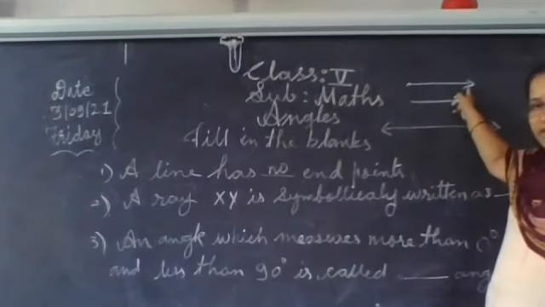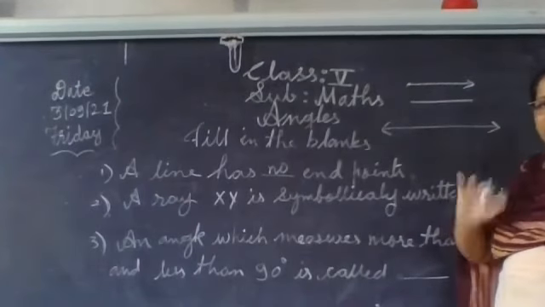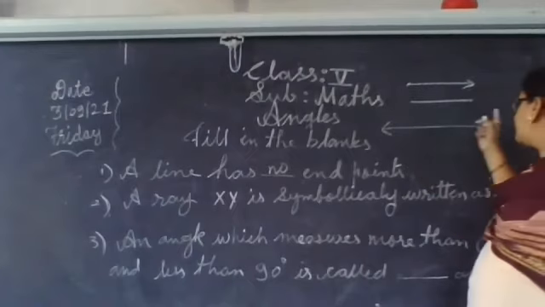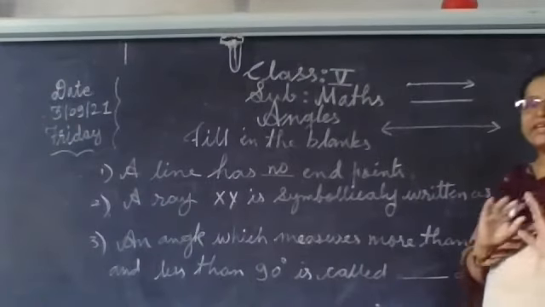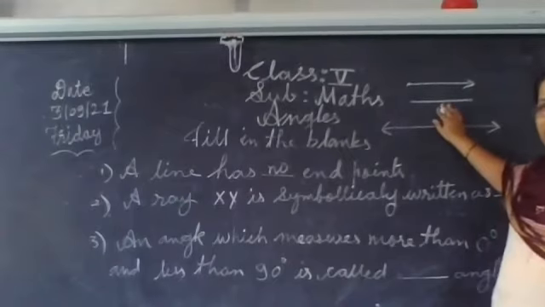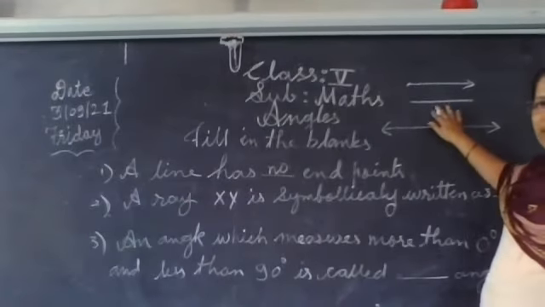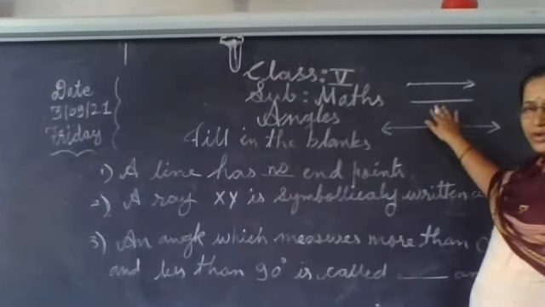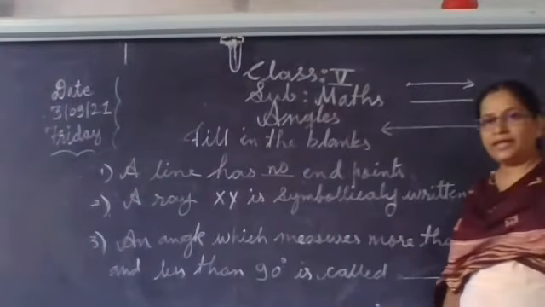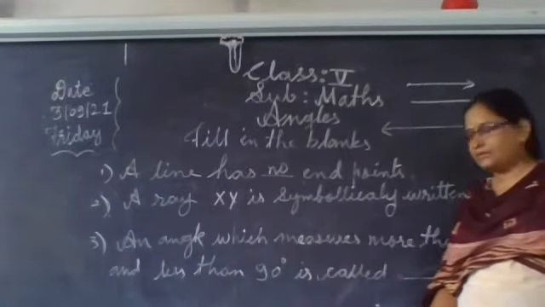So what is the meaning of this arrowhead? It can extend infinitely. A line has two arrowheads, that's why it has no endpoints. Only a line segment has two endpoints and a ray has only one endpoint. Got it?